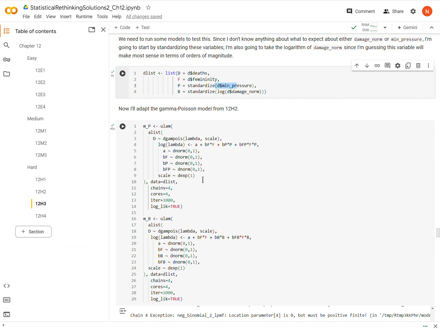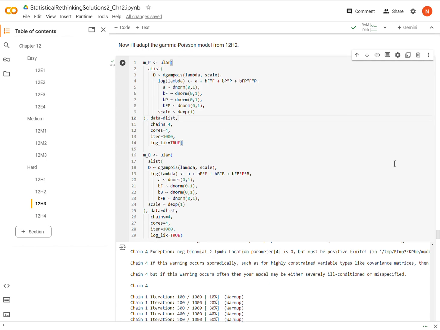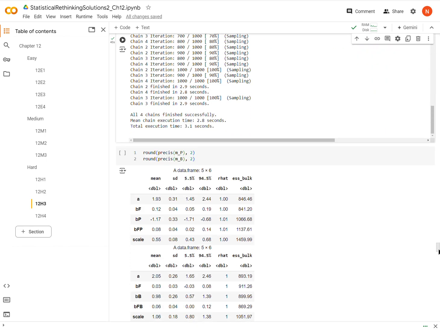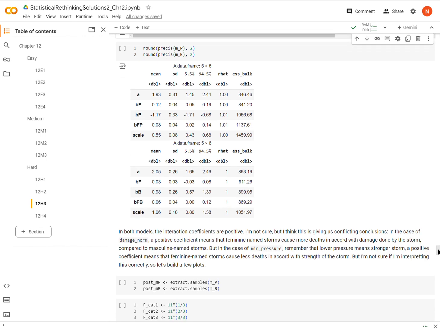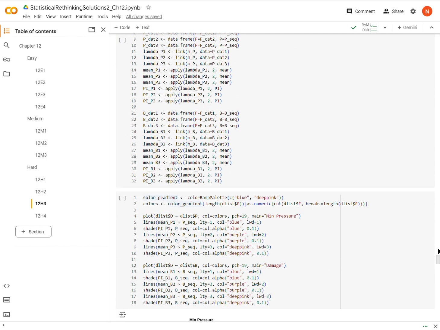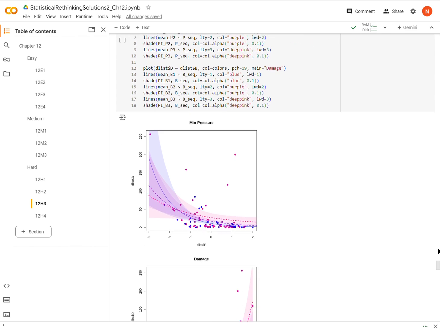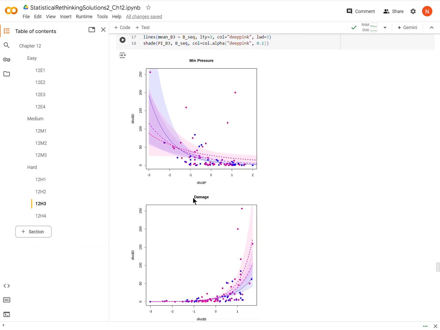It turned out that the indicator that worked better was damage norm. This is a plot of the posterior predictions of that model, and here was a plot of the predictions for the min pressure model.